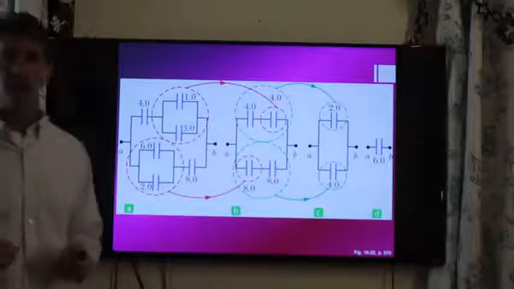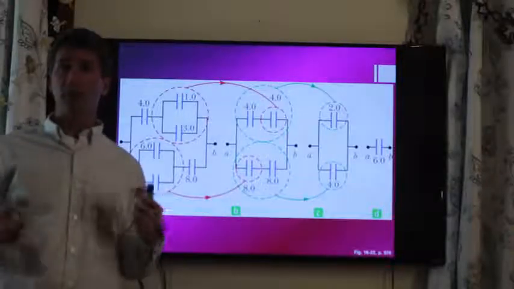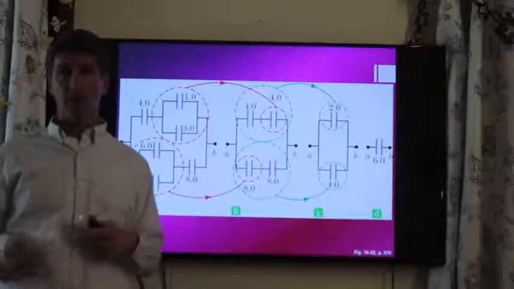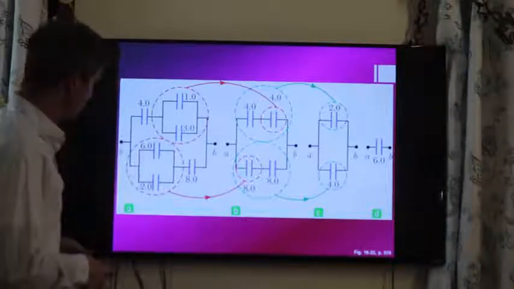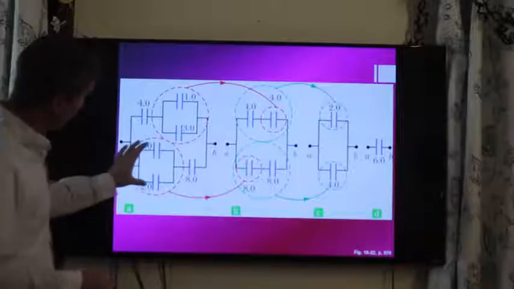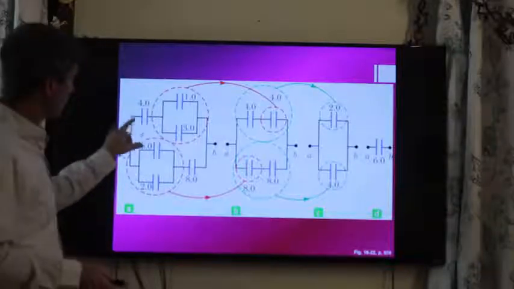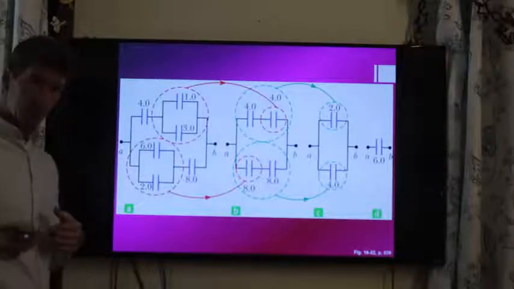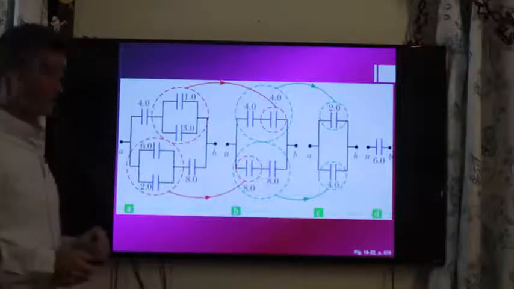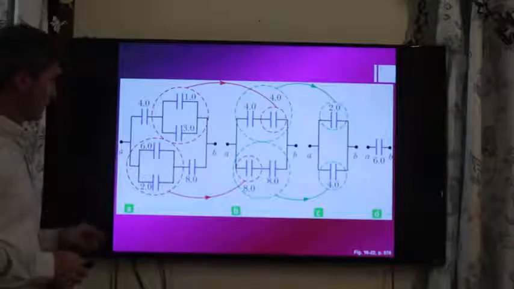Identify our circuit elements that are either purely in parallel or purely in series. Reduce them to an equivalent. So, let's start with our two parallel. These two parallel are in series with a 4 and in series with an 8. So we can't do anything with the series yet, but we can simplify the parallel.